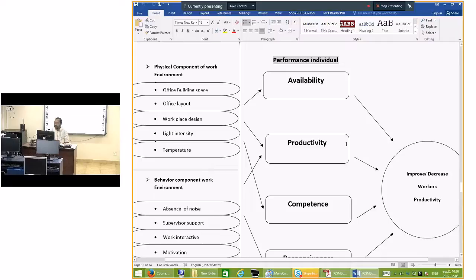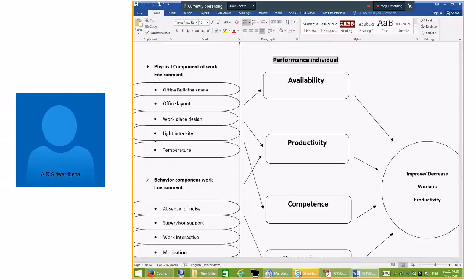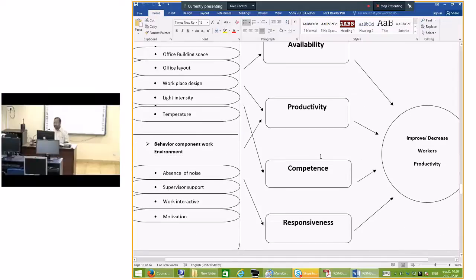The dependent variable is the productivity of the employees. Now the productivity can be measured through availability, competence, and responsiveness. These are the variables of productivity.